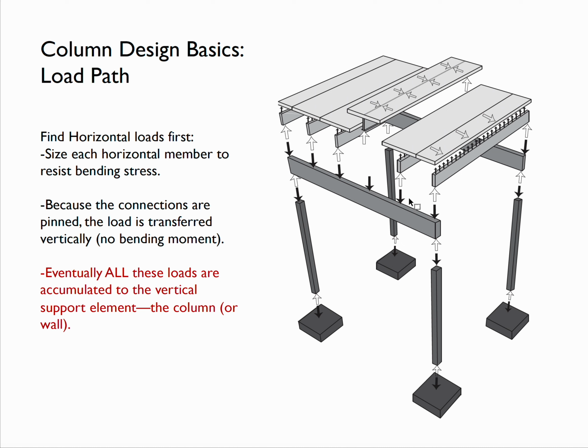So there's no bending moment. That means that when we diagram this, we have our uniform load, our reactions, our uniform load, reactions. Those reactions then, as we can diagram out, become the load that's transferred down. Eventually, all the loads from all of this are accumulated into the vertical support elements.